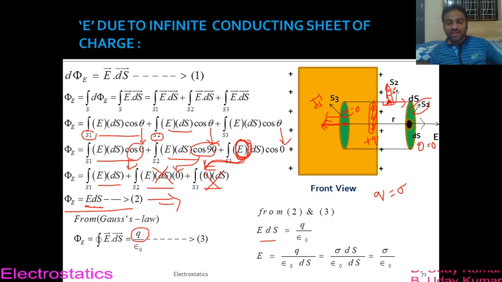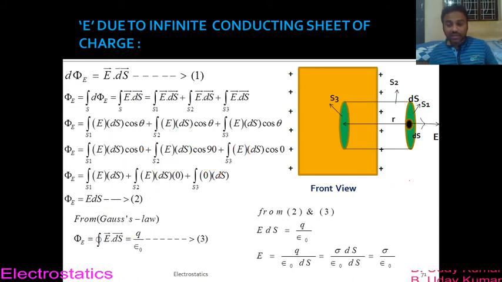In this case, Q is equal to sigma ds. Why and how can I write Q as sigma into ds? Remember, we already discussed it in the first slide of today's video lesson. This is the ds, the area element that I have chosen on that conducting sheet.